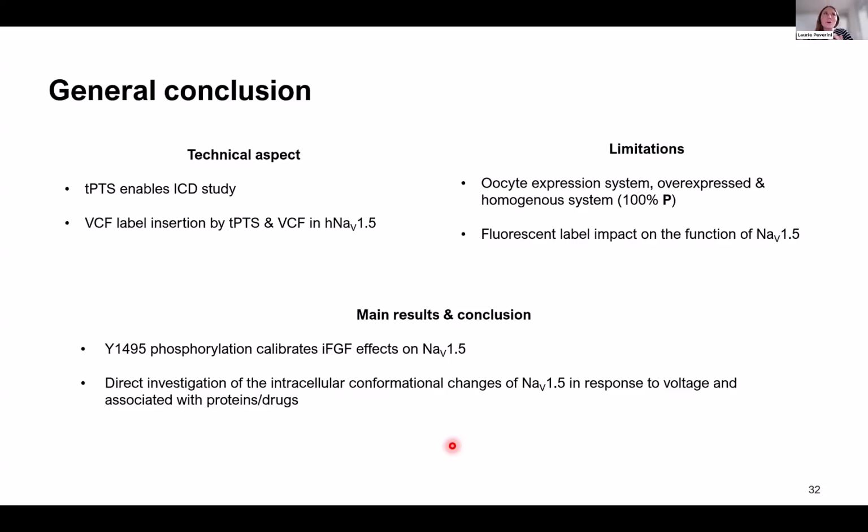But we don't have, of course, direct evidence to look at that. What could be cool to do would be to introduce some tryptophan in order to do some tryptophan-induced quenching to more discriminate the exact part of the channel that is involved in these motions, but it would affect too much, I think, the function of NaV1.5 in this part of the channel.